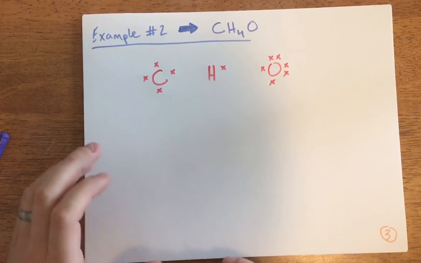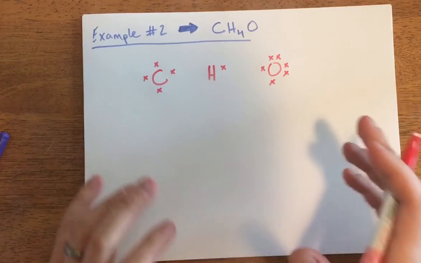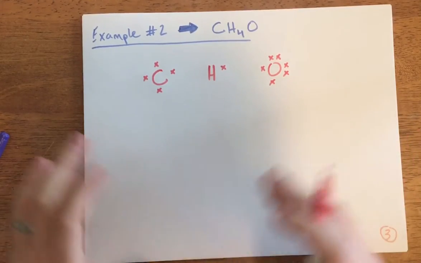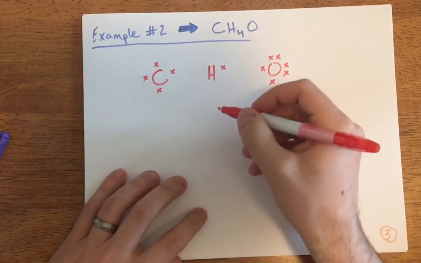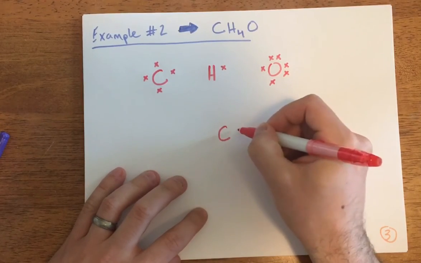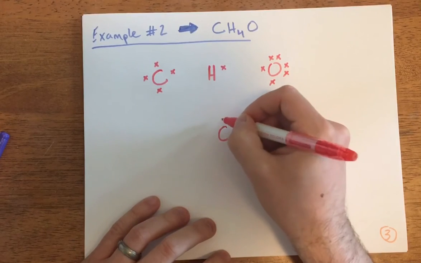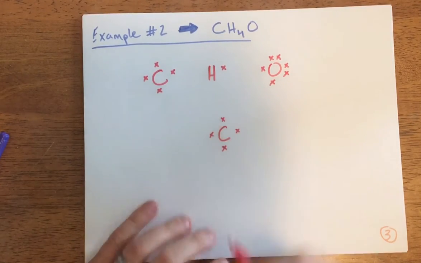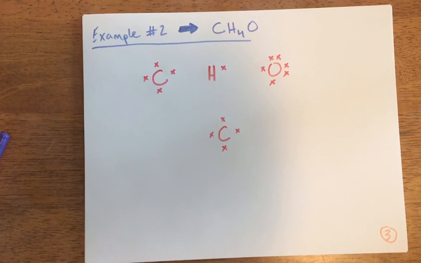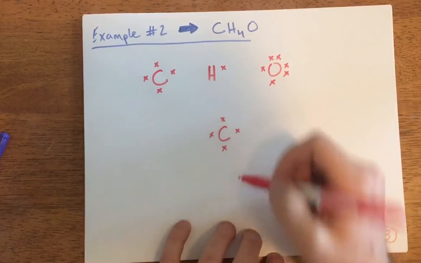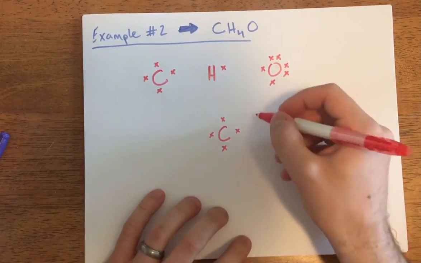So I'm going to have to bond at least the oxygen at least once to the carbon. And there's a temptation to double bond that oxygen. We are going to avoid that temptation because we also need another spot to put that 4th hydrogen. If I double bond the oxygen, there's only 2 more spots for hydrogen to bond.